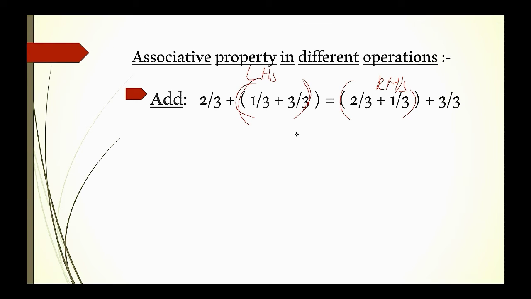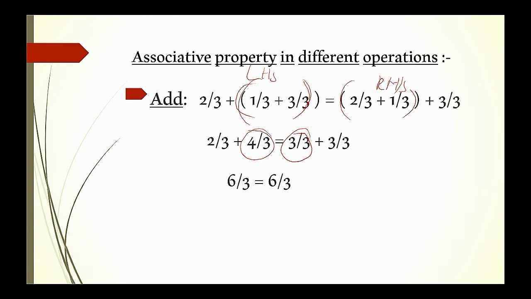As per the BODMAS rule, we will solve the brackets first. 1 by 3 plus 3 by 3 is 4 by 3. 2 by 3 plus 1 by 3 is 3 by 3. The answer here is 6 by 3, and here also 6 by 3. So both the answers are the same.